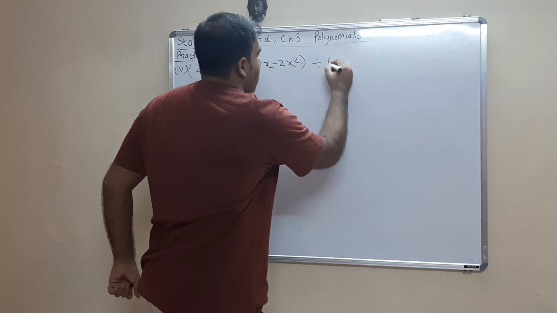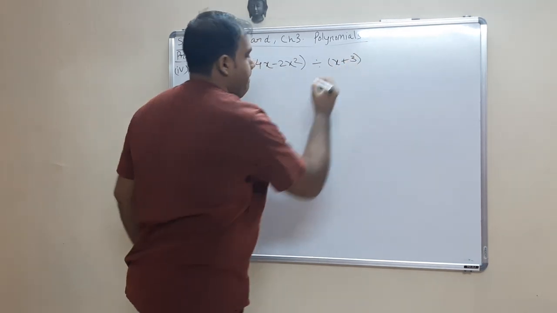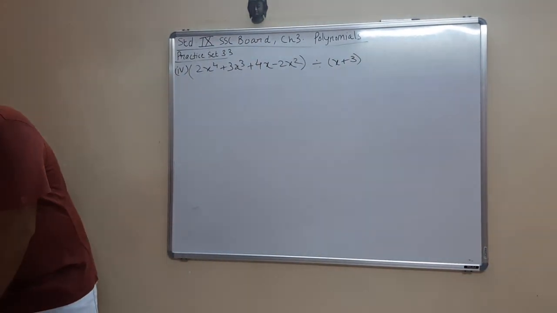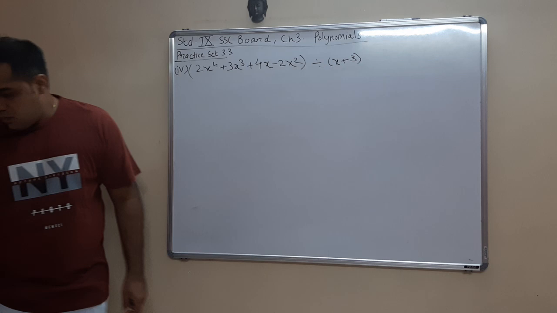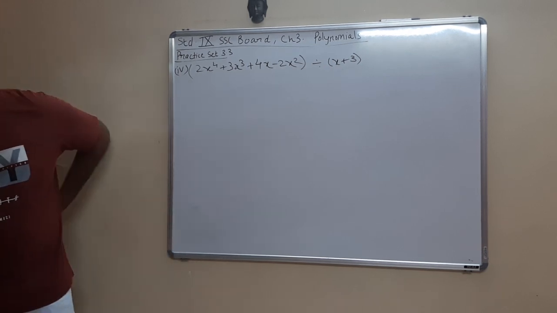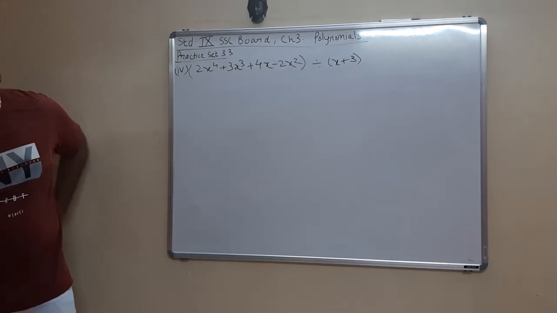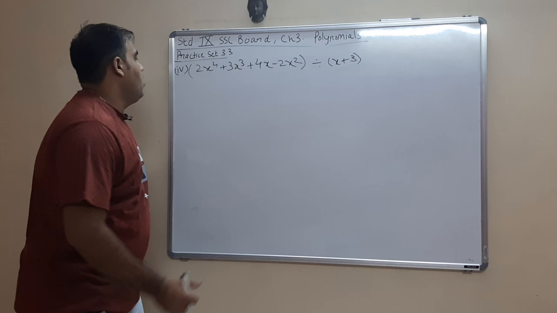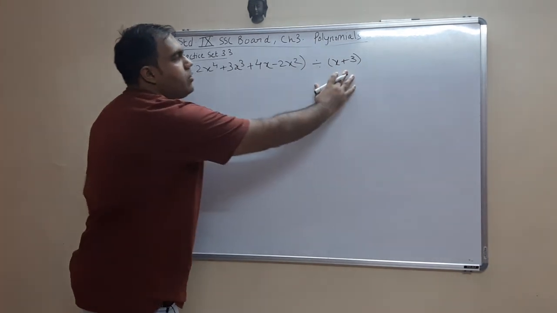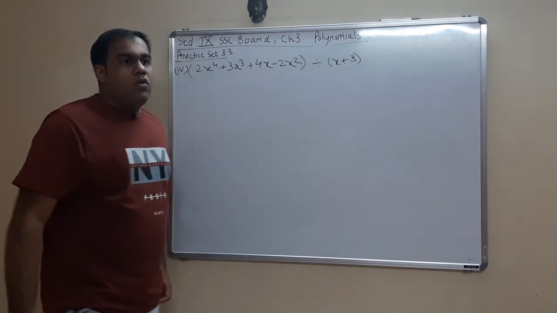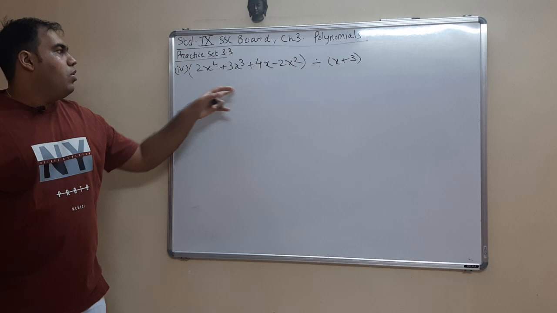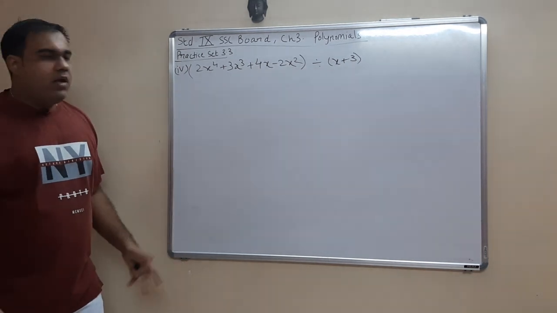Okay. So let's write it. अभी 2x raised to 4 में से x plus 3 निकालना है हम लोग को. तो कैसे निकालेंगे? x plus 3 को 2x क्यूब से मल्टीप्लाई कर सकते हैं.